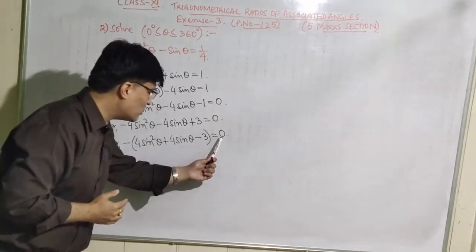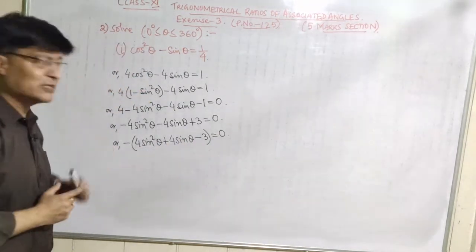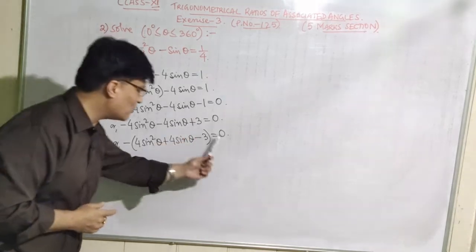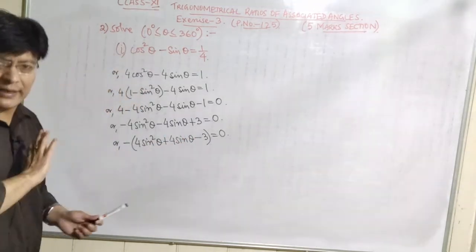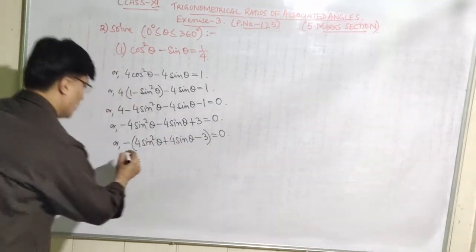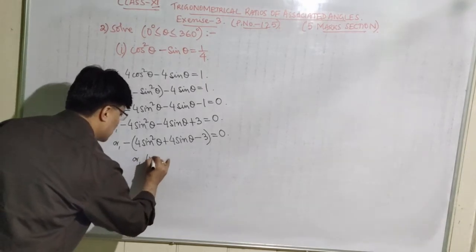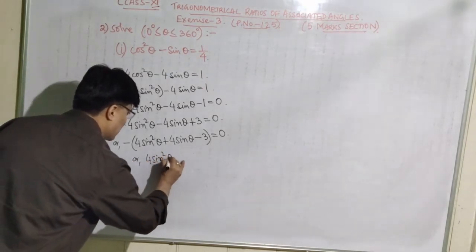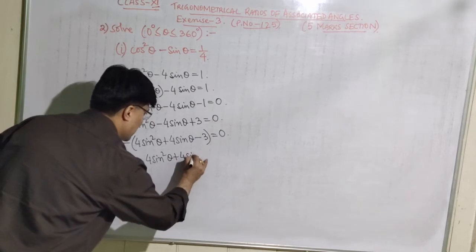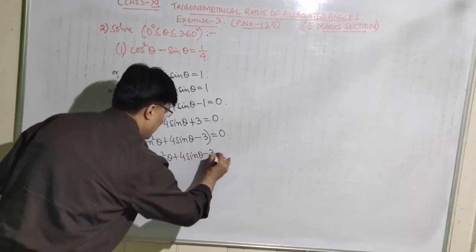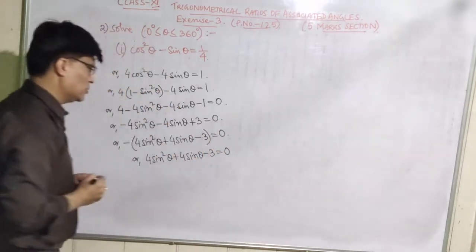Now since there is 0 on the right hand side, you don't have to write this minus sign. So what do we get? It is 4 sin square theta plus 4 sin theta minus 3 is equal to 0.